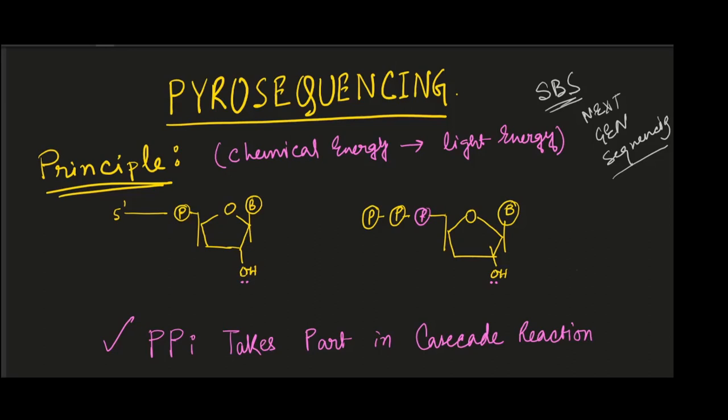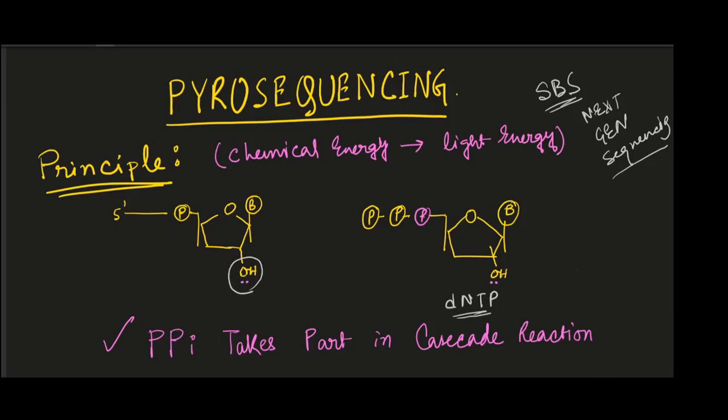As we know, in any reaction synthesizing a DNA strand, we need dNTPs, and we have the 3' OH in the existing complementary strand.